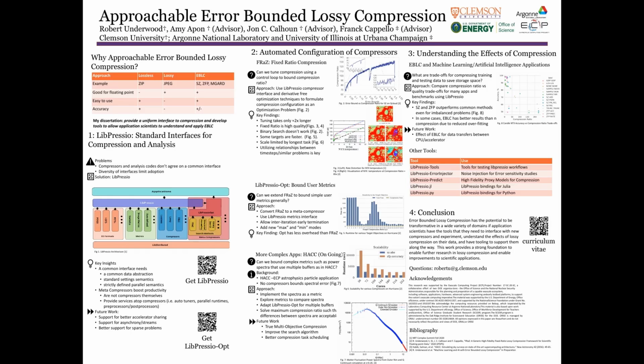Basically, at each point, what is the best compression ratio we can achieve for a given loss in accuracy? With this work and with these tools, we are able to find that SZ and ZFP outperform common methods used in the AI and machine learning space, even for imbalanced problems, which tend to struggle with sampling-based approaches. In some cases, error-bounded lossy compression had even better results than doing nothing at all due to reduced overfitting.